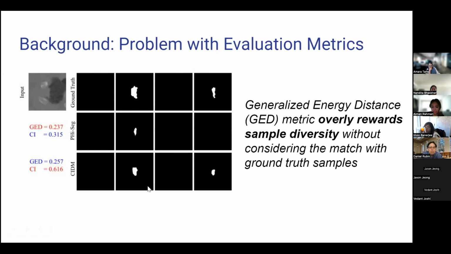Even though you can see that these are better segmentations, and in this case you have a lot of blanks, GED is lower for this one and higher for this one, even though you have better matches. In this case you have 2 blanks, and in this case you have 2 blanks, but here the blanks are more frequent. So it is not a proper evaluation metric, or not a complete one, for ambiguous segmentations.